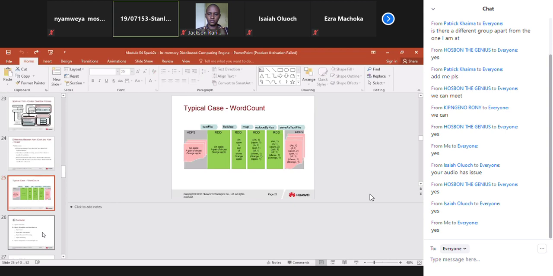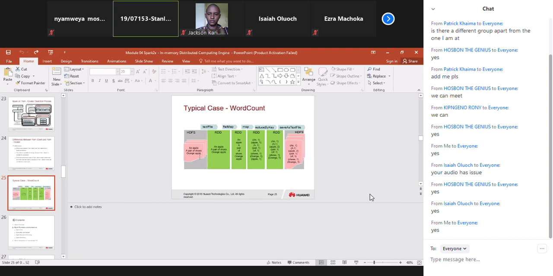Then we have the typical word count. You find here, we are trying to look at how Spark does processing of data, and both of them are reducing and sorting first.